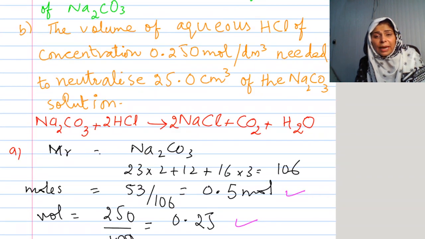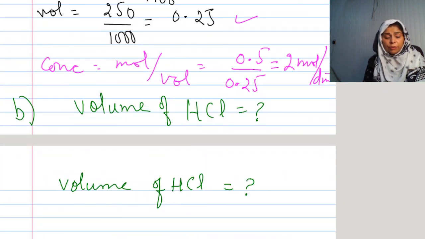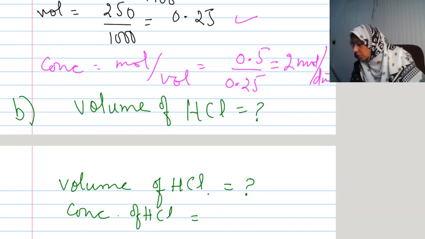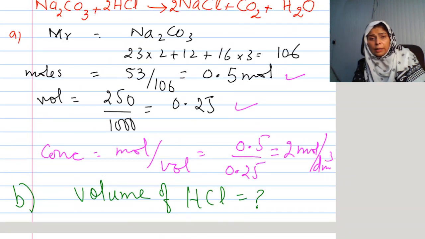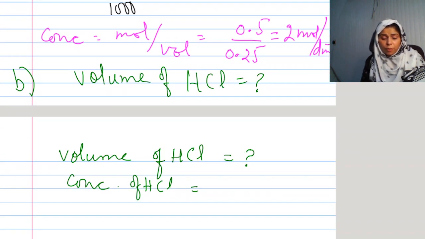Volume of aqueous HCl. The concentration is given, 0.250. The concentration of HCl is 0.250.